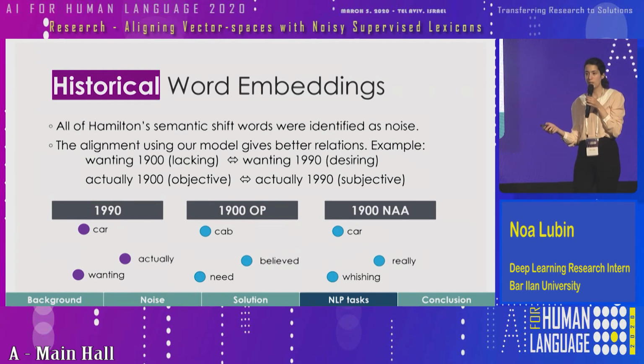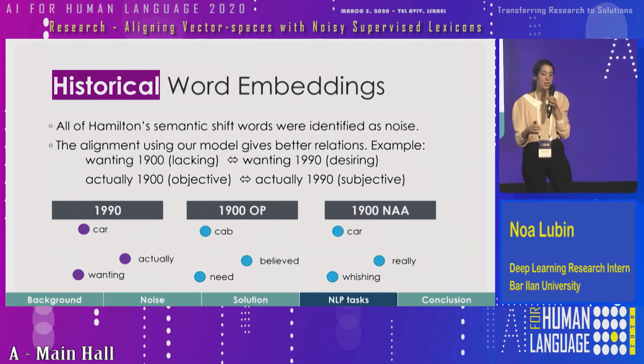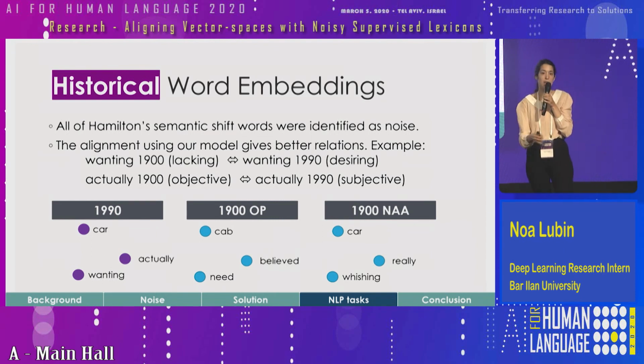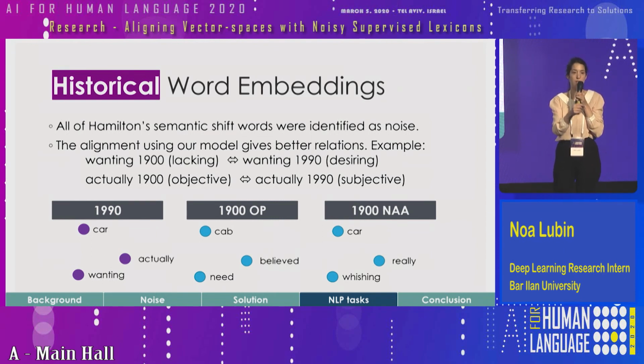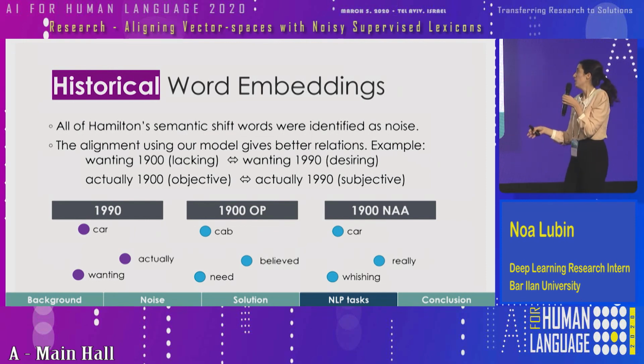I gave you a few examples. For example, the word wanting, which was in the past more related to lacking, and nowadays is more related to desiring, was more correctly mapped to wishing than need. And the word actually, whose meaning has shifted from a very objective statement to a very subjective statement nowadays, is also more correctly mapped to really instead of believed.